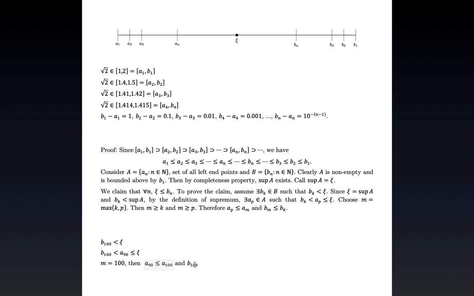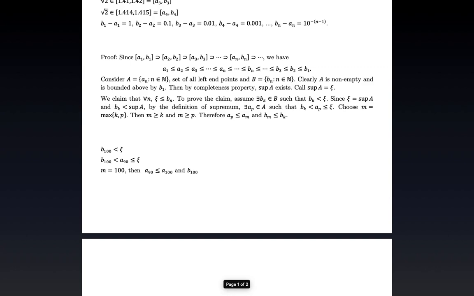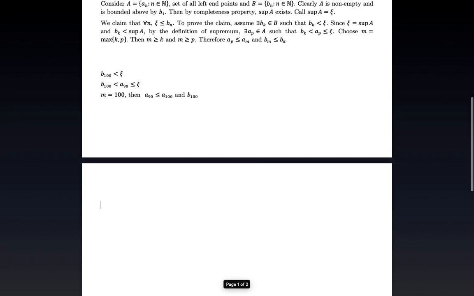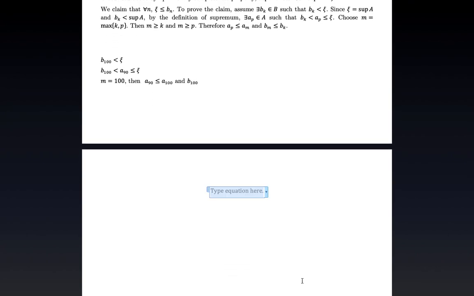Since A100 and B100 are elements in this sequence of An and Bn, what we get is A90 is smaller than or equal to A100.